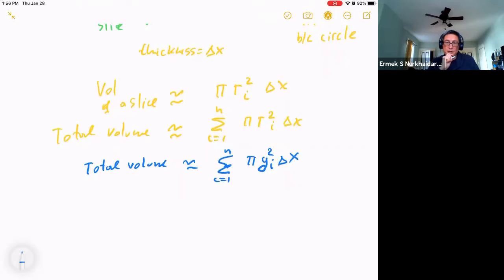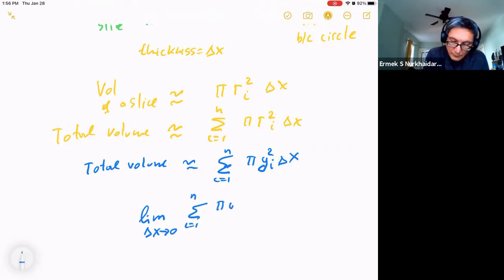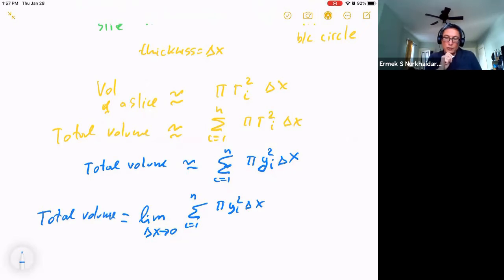That is our approximation. Then we take the limit of the approximation with delta x approaching 0. When our slices become thinner and thinner, we're going to get better and better approximation to volume. So eventually we're going to get the exact value for volume.